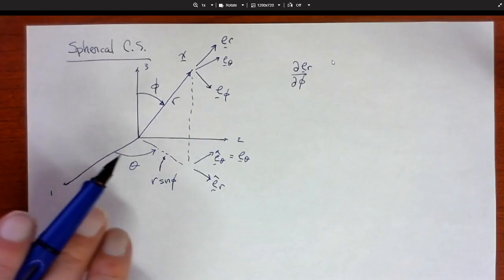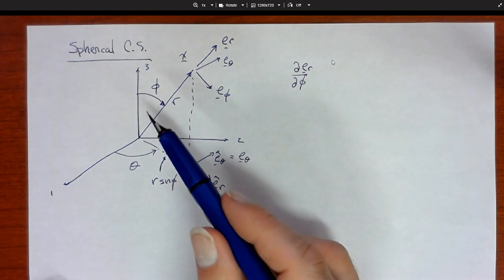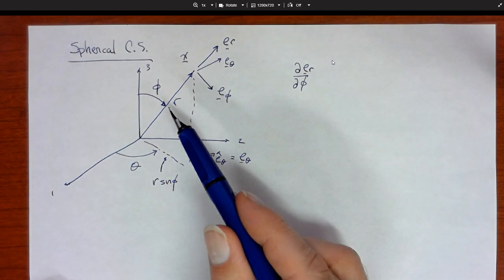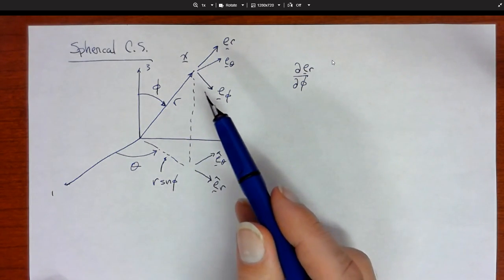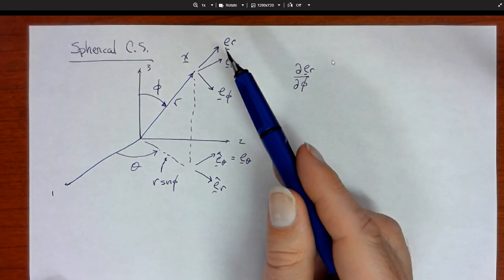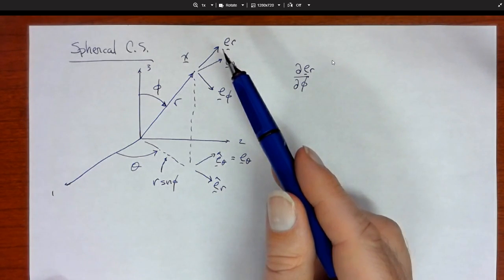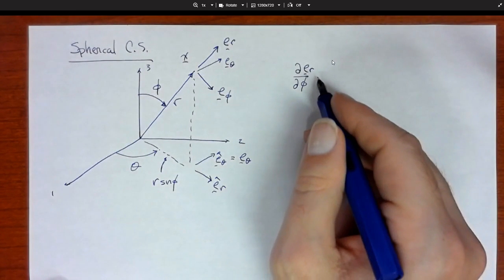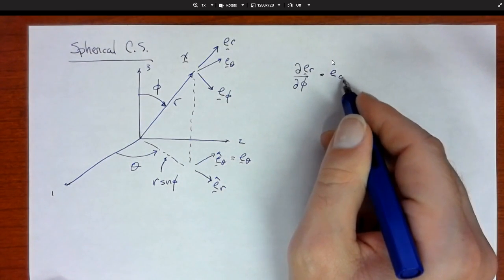I don't know what you would call it. But if we look right at that plane, you can see if we perturb R by this angle phi, right? ER is going to move just like it did in the cylindrical coordinate system in the E phi direction, okay? So this is going to actually be equal to E phi.